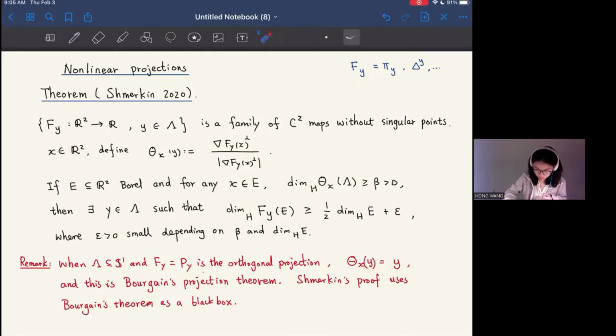And then the whole theorem is back again to Bourgain's projection theorem. Also, I want to point out that Shmerkin's proof uses Bourgain's theorem as a black box.